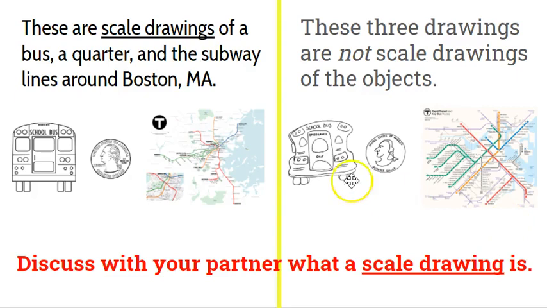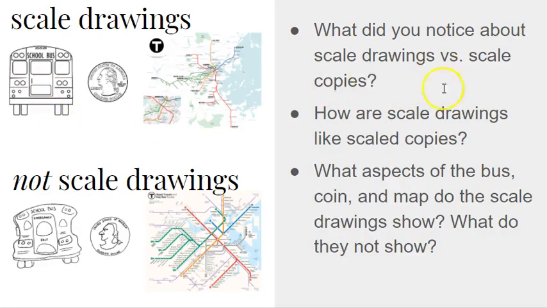Over here on this other side, we have 3 drawings that are not scaled. How do we know the difference? In other words, why are these ones on the left scaled and these ones on the right not scaled? Well, some things to think about: in the case of the bus, our scaled copy looks like the exact dimensions of the bus, whereas the not scaled copy is generally the shape and outline of a bus.